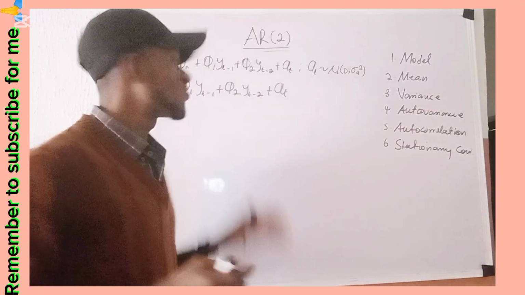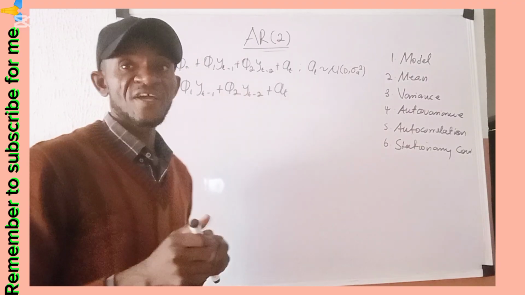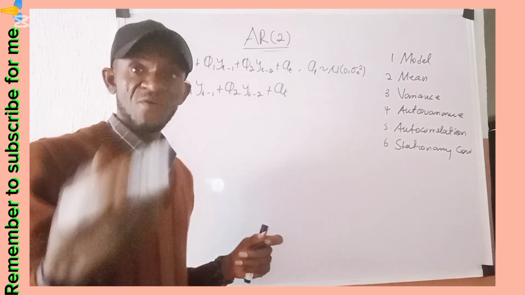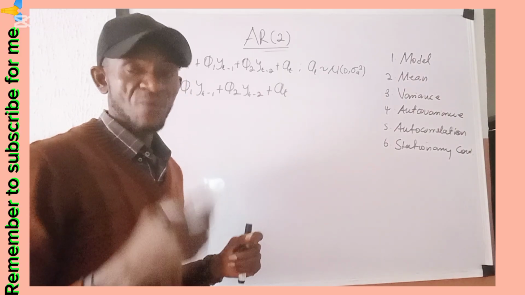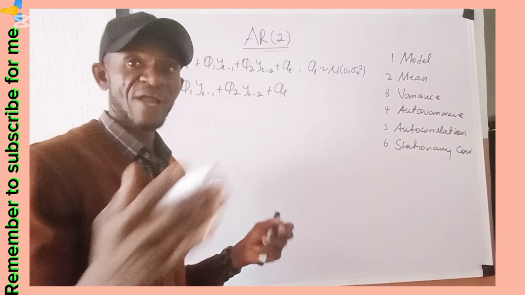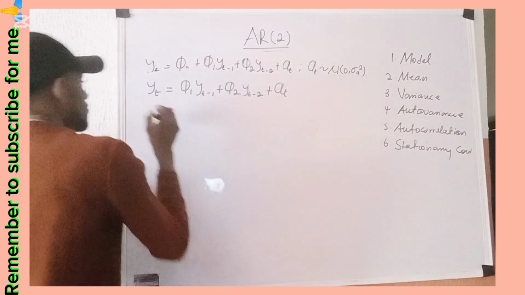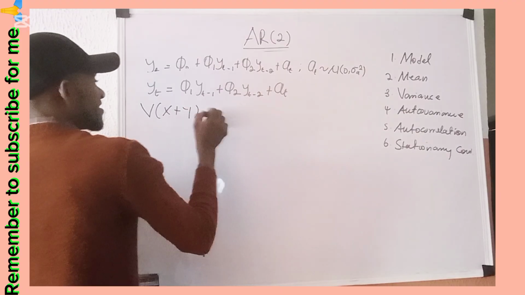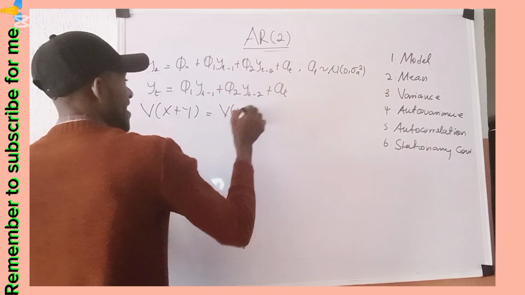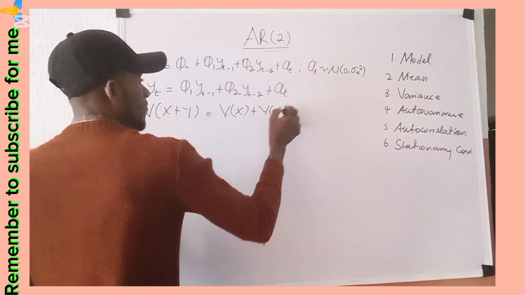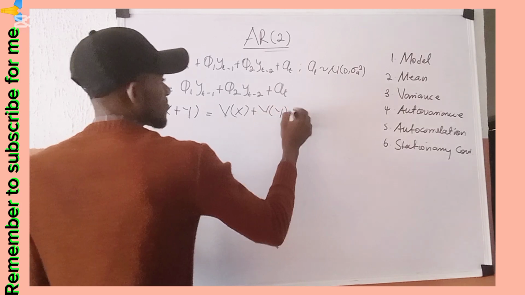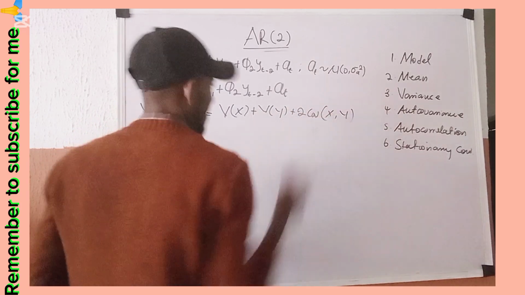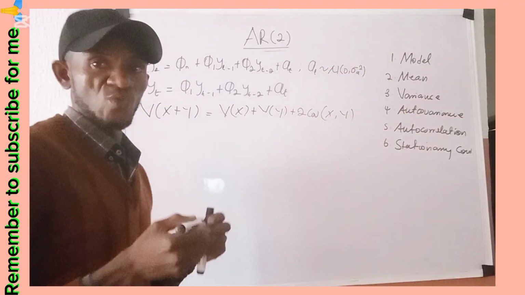What we are now going to do is to take the variance of both sides. First, we recall that when you want to take the variance of a sum of random variables, like var of x plus y, it is given as var of x plus var of y plus 2 covariance of x comma y. That is the rule.